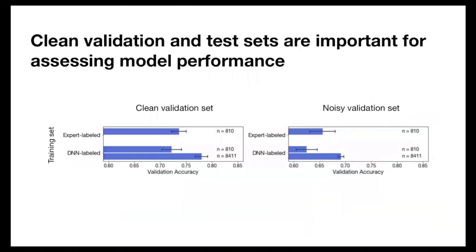I'm going to skip that, but I think it's important to note that some small or moderate degree of noise in the label data set was okay. We fed in expert labeled samples, of which we only had 800 in this case, and compared it to including all of these neural network labeled crop types, which gave us 8,000.